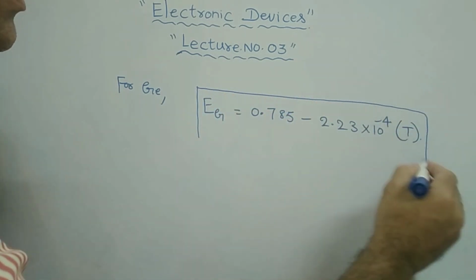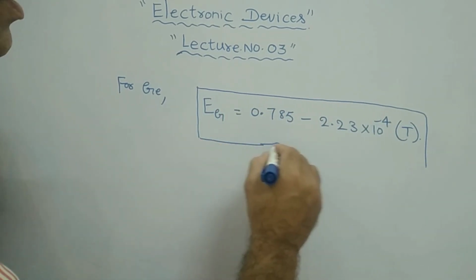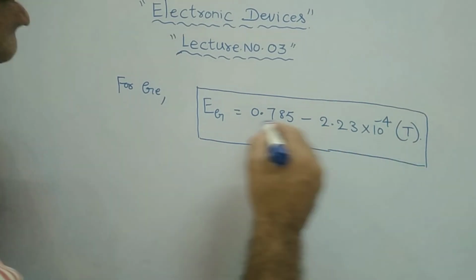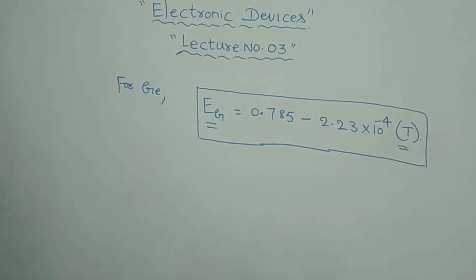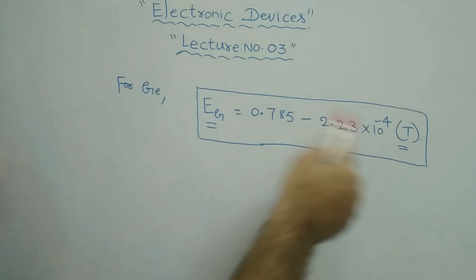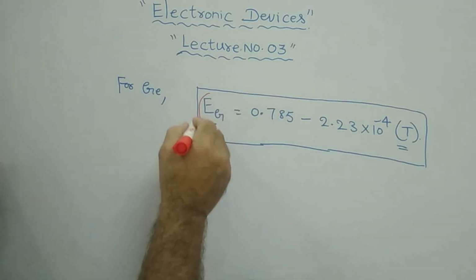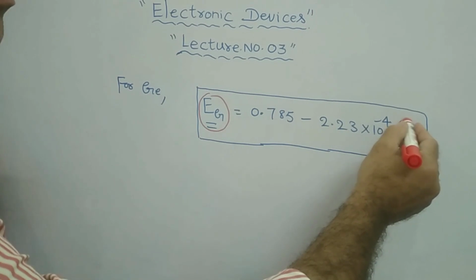This equation gives the relation between energy gap and the temperature. This relation gives the details about the energy gap and the temperature for germanium. This is the energy gap, this is the temperature, right?